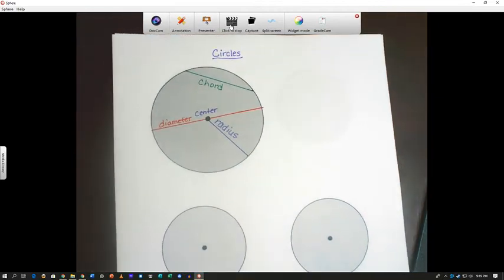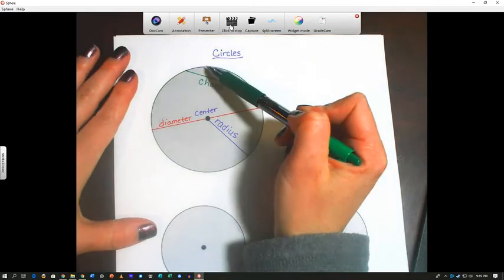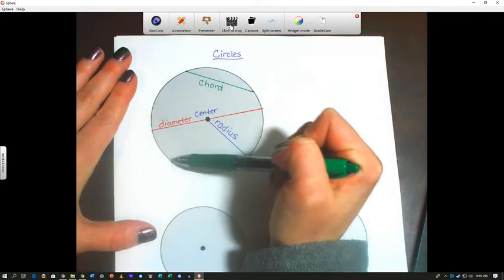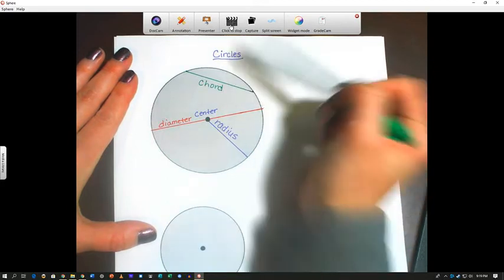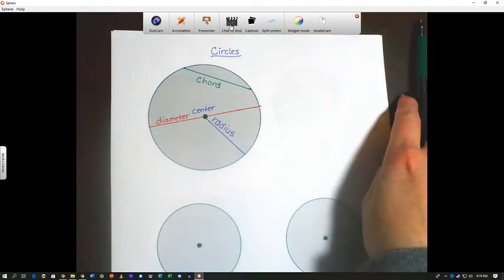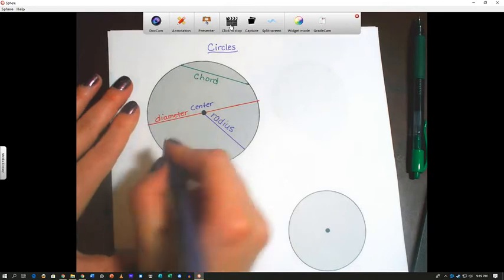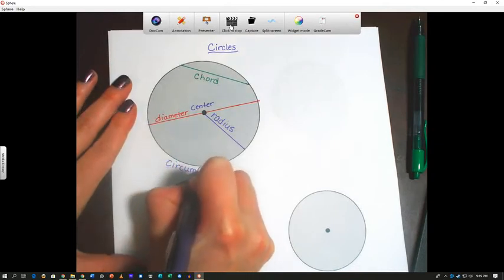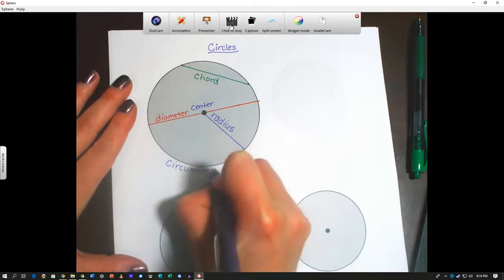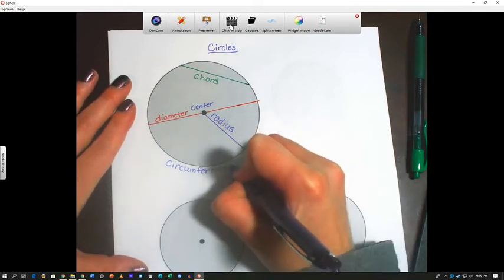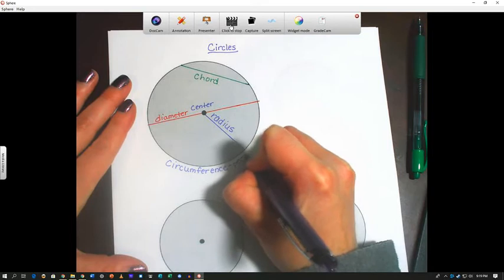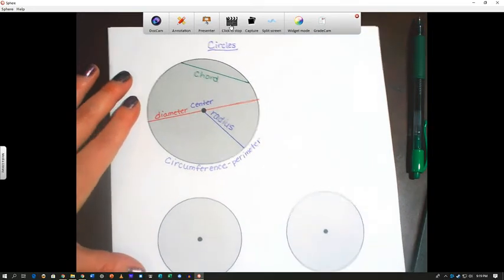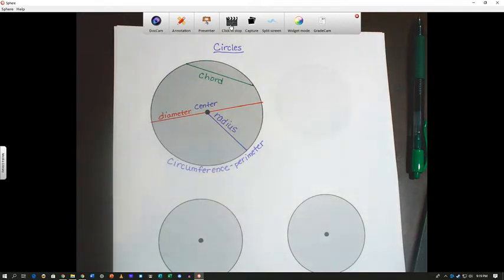And if we start at the top and go all the way around, the distance around the circle is called the circumference. And we're going to talk a little more about that tomorrow. The circumference is just like the perimeter. It's a fancy word for the perimeter of a circle, the distance around the outside.